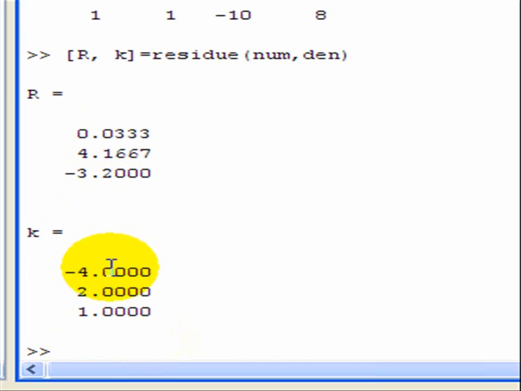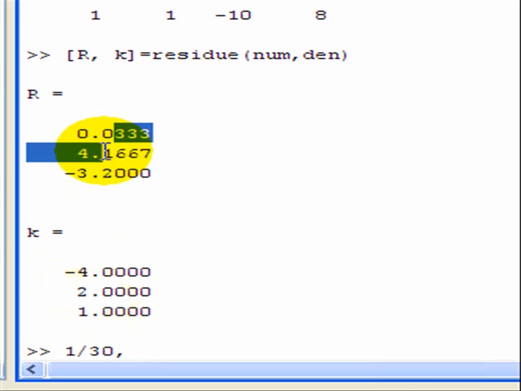Associated with the root negative 4 is a coefficient of 0.0333, and I'll show you that's the fraction 1 divided by 30. And then associated with the root 2, we have 4.1667, and that's simply 25 divided by 6.